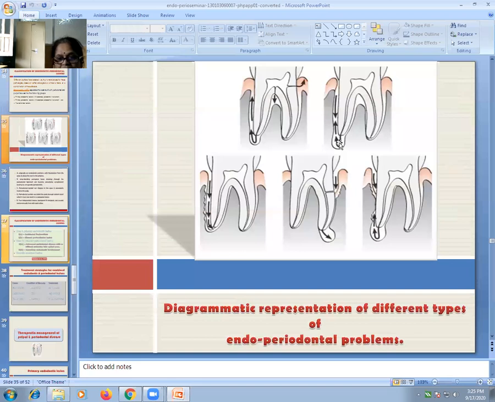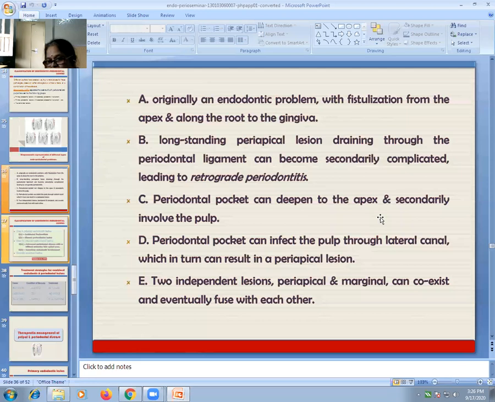So you can see this diagram and check how they are getting involved. From the pulpal origin, it is going to the periodontium. In the second one, it is from the periodontium to the pulp. In the third, it is the same, though it is of pulpal origin, there is still a perio origin here.